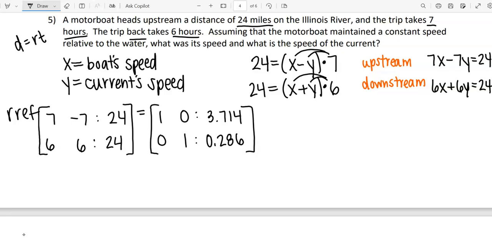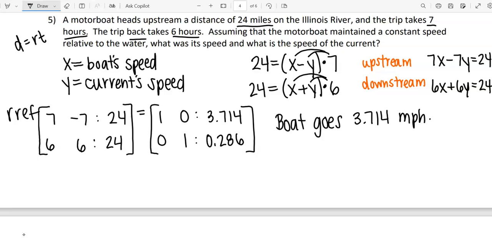Hey, Hillel, can you tell me a conclusion statement? Okay, boat goes 3.714. We're going to stop it at miles per hour.